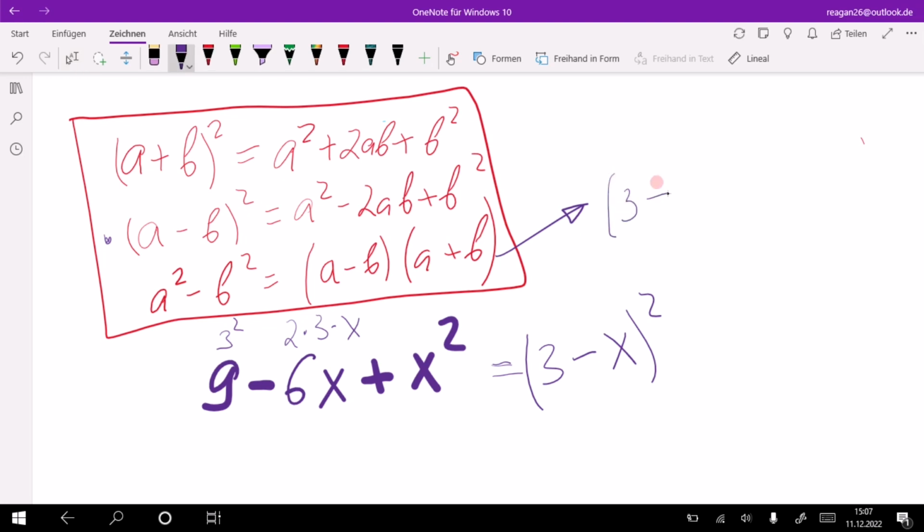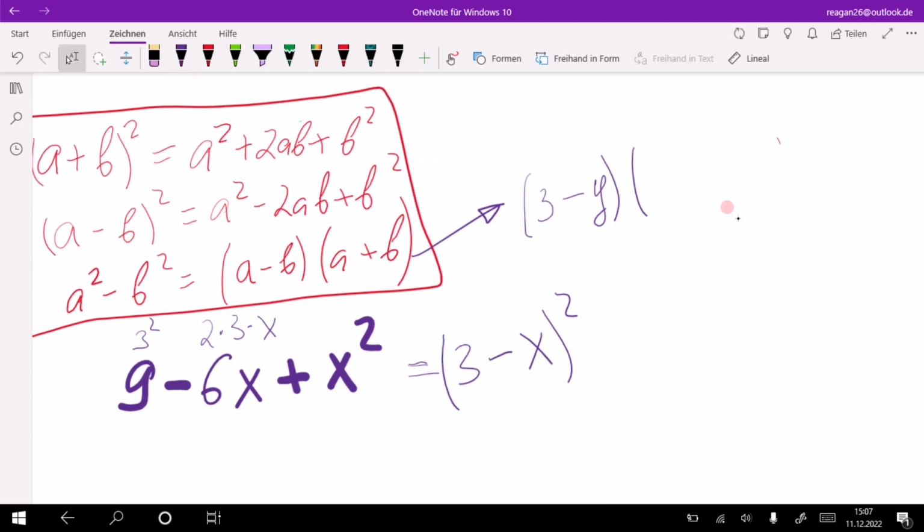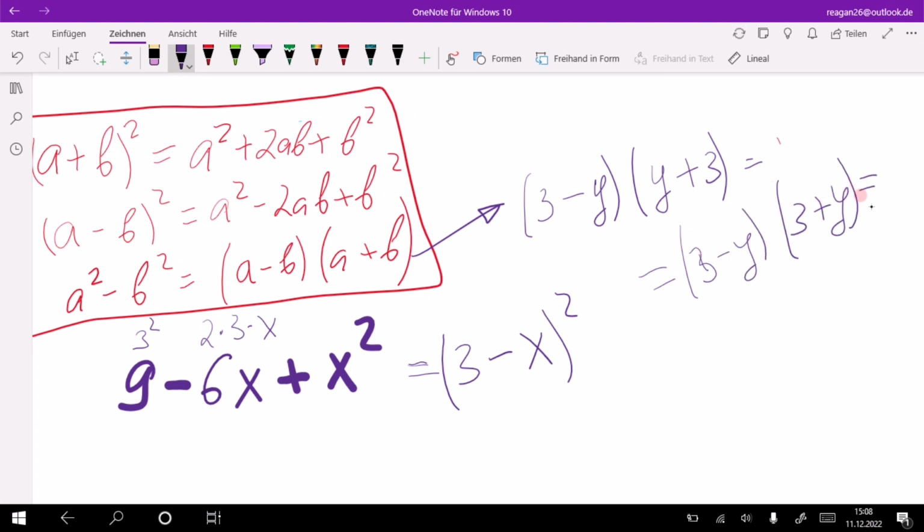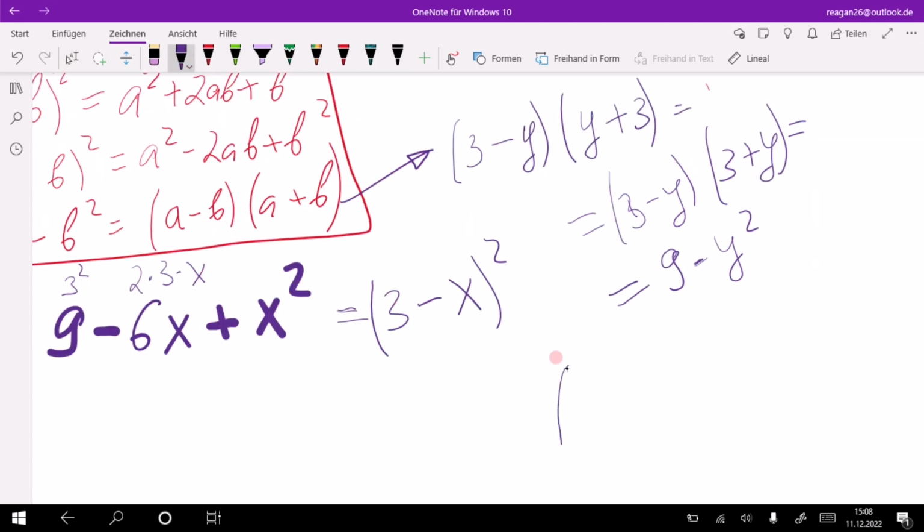For example, if you see 3 minus epsilon times epsilon plus 3, it is the same as 3 minus epsilon times 3 plus epsilon, and it is the formula difference of squares, and it will be 9 minus epsilon squared, because 3 squared is 9.